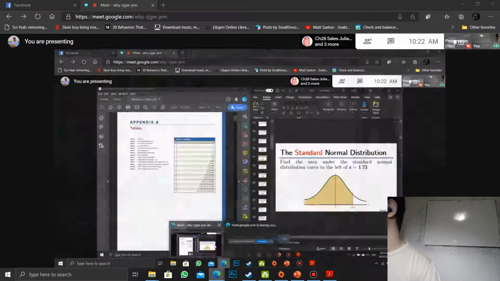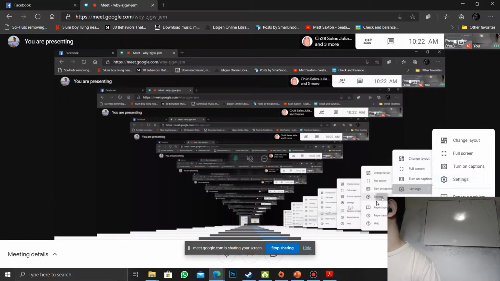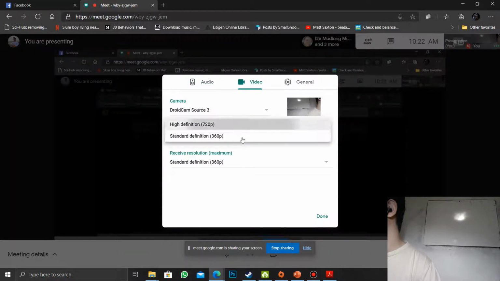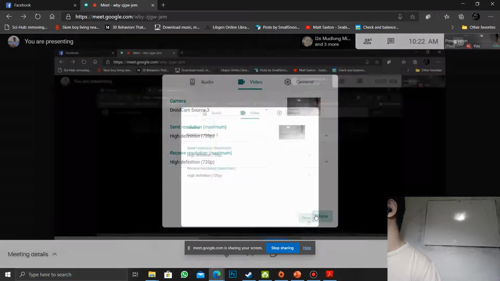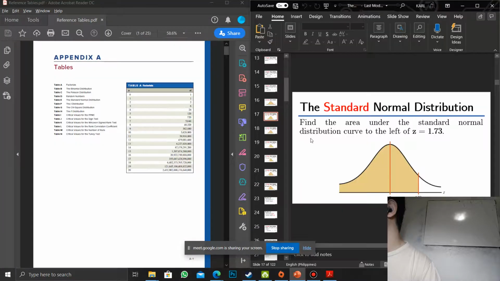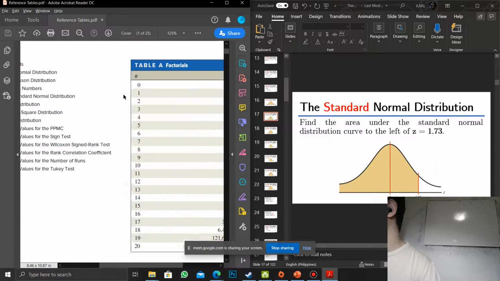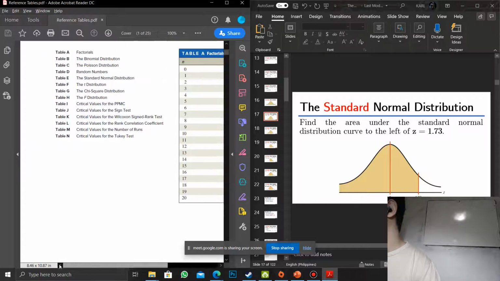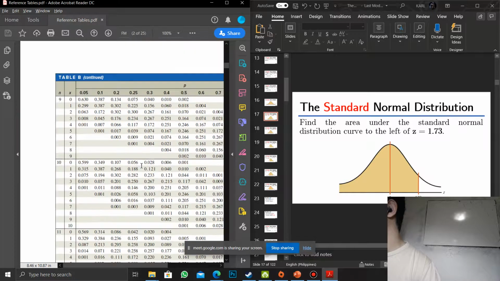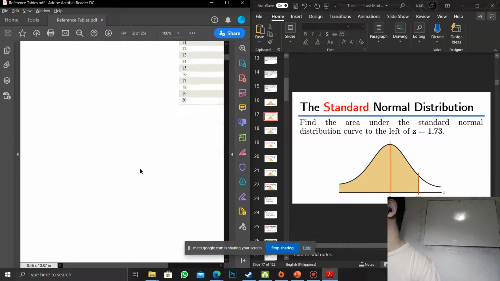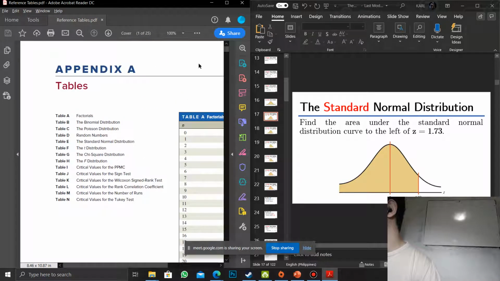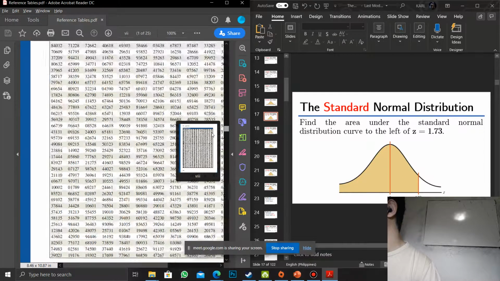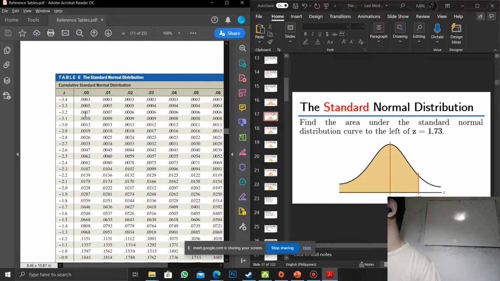Let me fix my resolution. Oh, we have these tables, ang dami. Ito yung mula sa libro. Standard to, no? Pero bibigyan din naman kayo nito sa school. Table E. Let's go to table E. Yan, standard normal distribution.